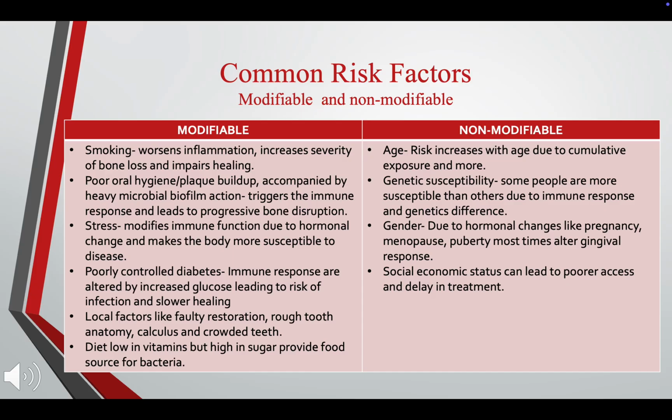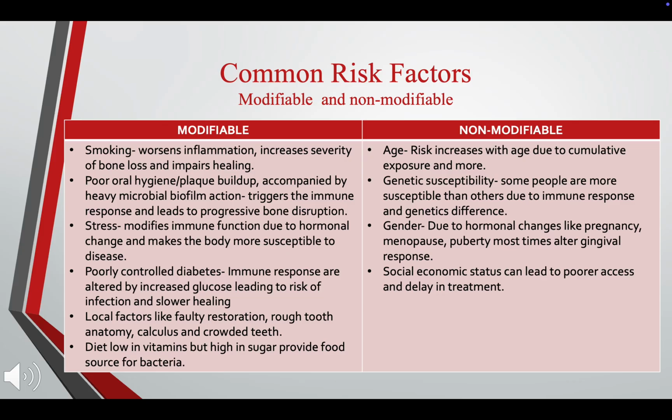And also stress, which alters hormones and weakens immune defense. Uncontrolled diabetes, where high glucose interferes with healing and increases infection risk. Local irritants, things like faulty restoration, calculus, rough tooth surface, or crowding. And your diet. A diet low in vitamins and high in sugar, you'll be feeding the wrong thing.